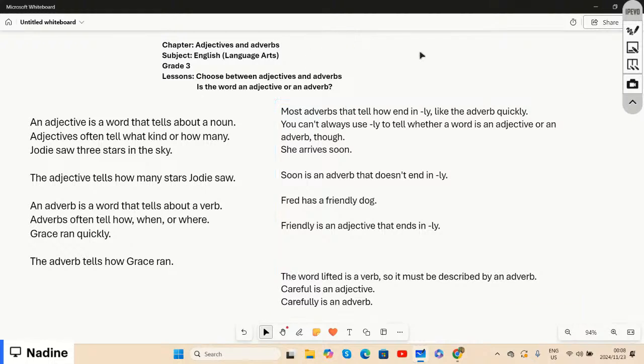So, firstly, a noun is a word that tells us about people, animals, places, or things.